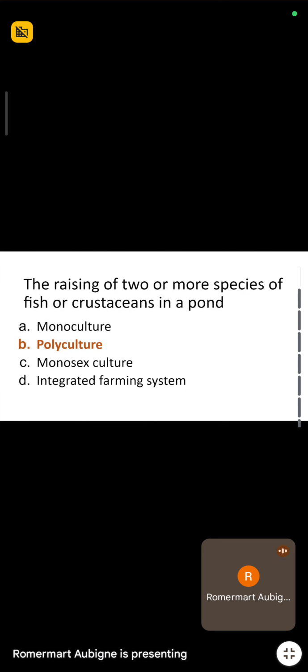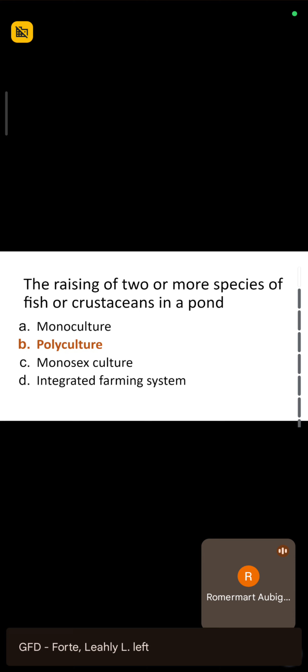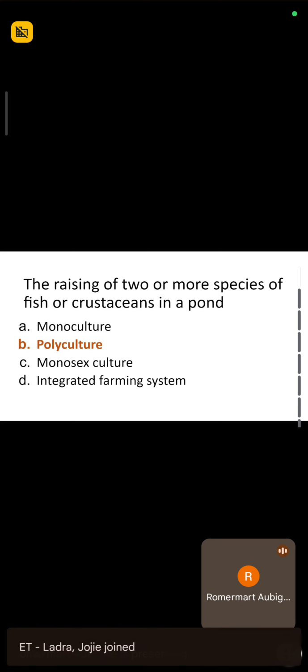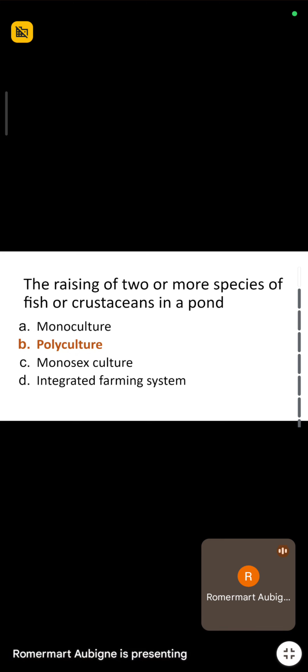This results in higher production rates and better profitability for fish farmers. Monosex culture can also reduce the risk of unwanted reproduction since the fish are all of the same size and there is no need for separate ponds or cages to prevent mating.